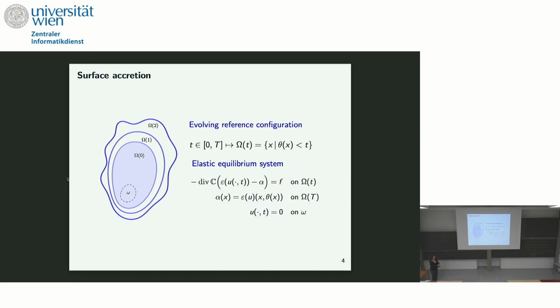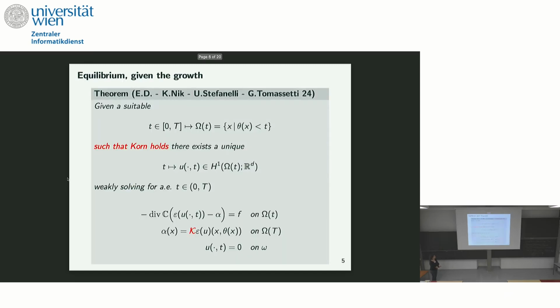Now, how do we start studying such a problem? Well, let's assume, to simplify the situation, that our growth law is already given, is prescribed. Then what can we prove? Well, I put here a meta theorem, meaning that it is not really precise.